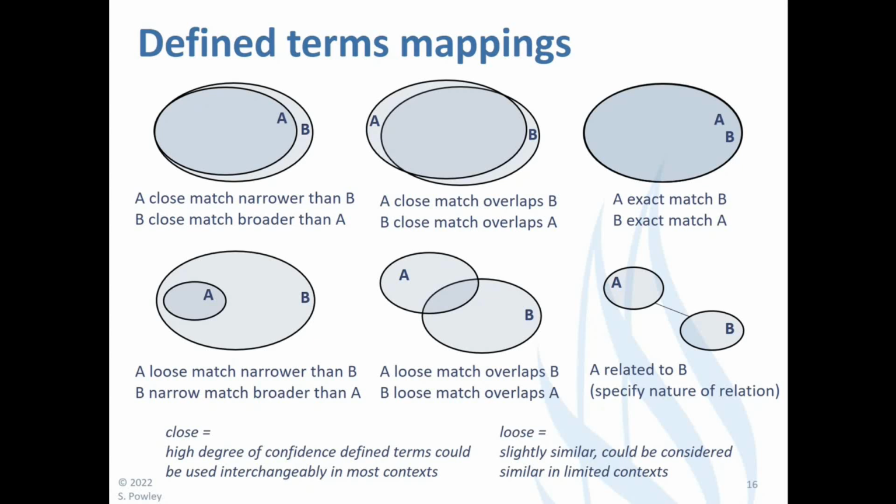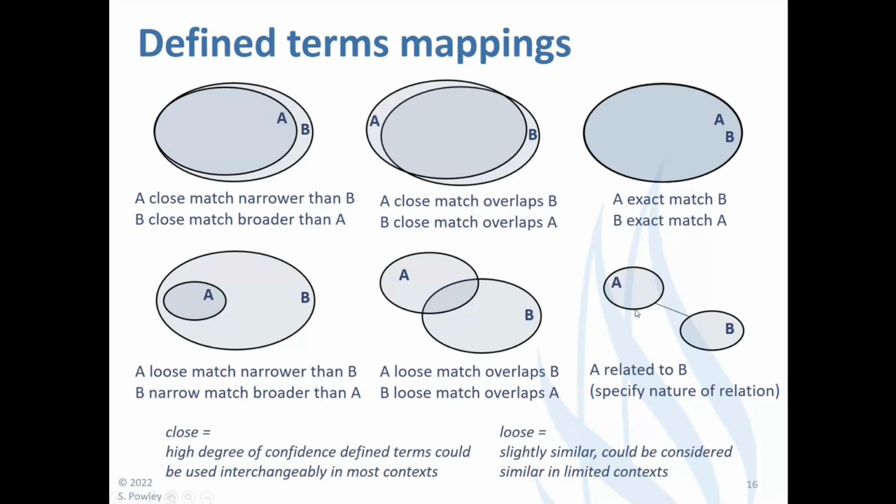And we found that actually most of the terminology that we studied fell into an overlapping category. We also introduced the idea of the closeness of a match, whether it was a close match or a broad match. And these Venn diagrams give you an idea of how we understand those different degrees of match.